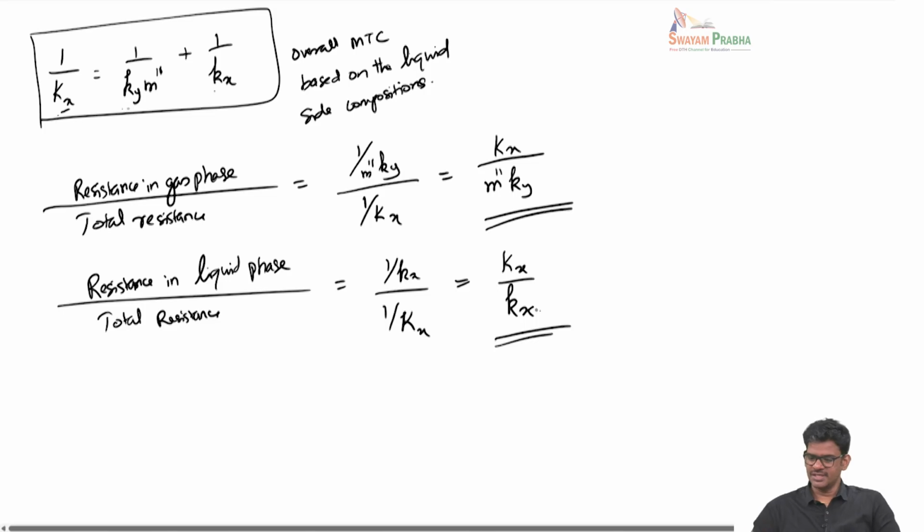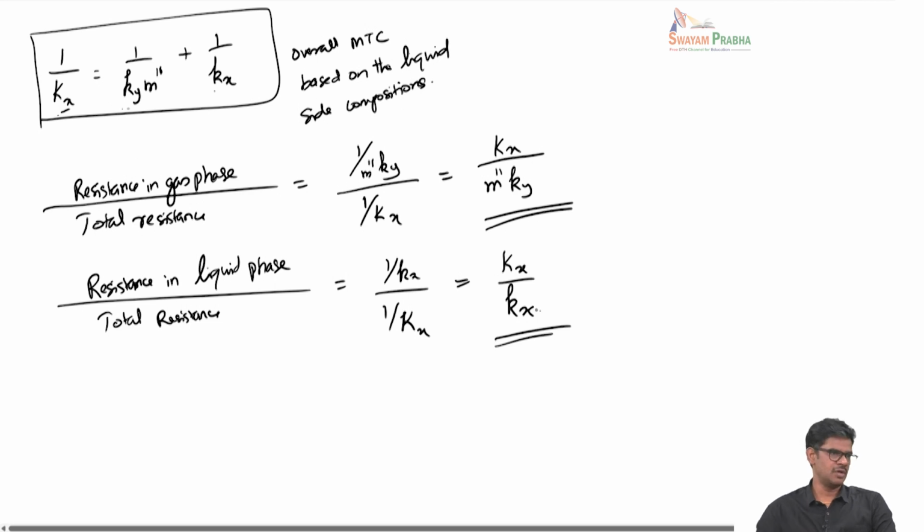Such a case we call a very soluble gas. So the solute in the gas phase is very highly soluble in the liquid phase. If you have such a situation where the slope of the line is very small and the gas is highly soluble in the liquid, you will see from this equation this term is actually negligible.